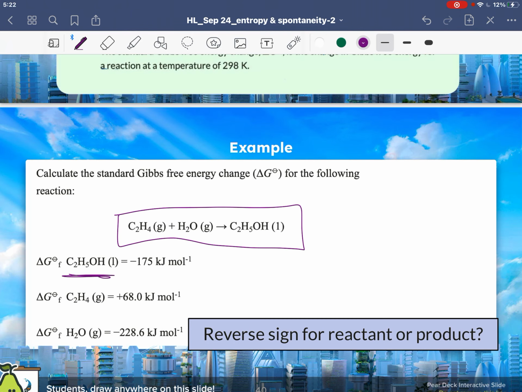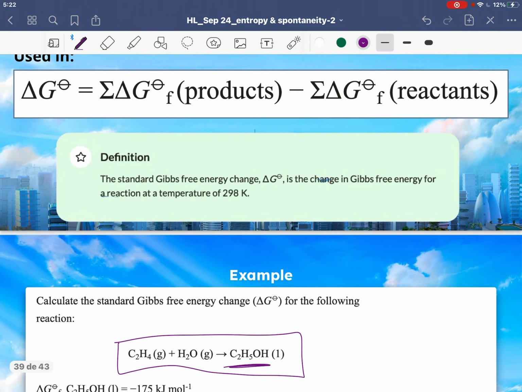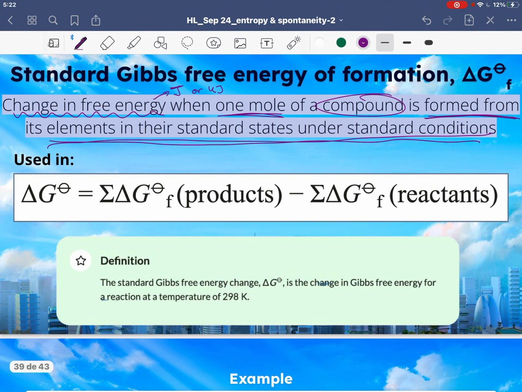I can take the Gibbs free energy for C2H5OH, and remember, in Gibbs free energy we're worried about 1 mole of a compound being formed.